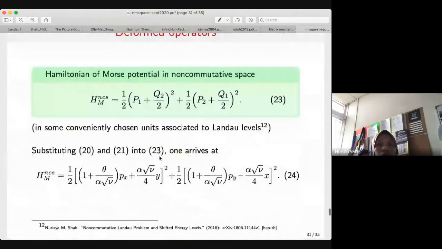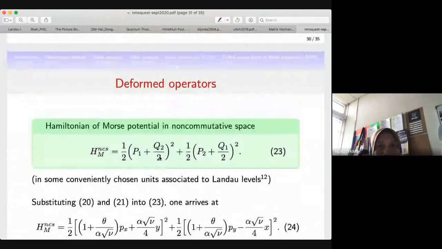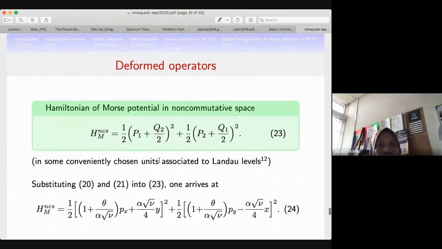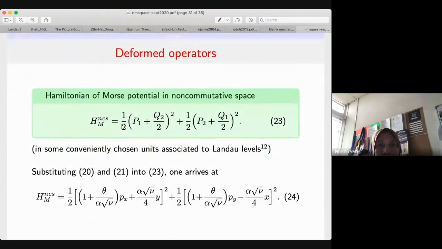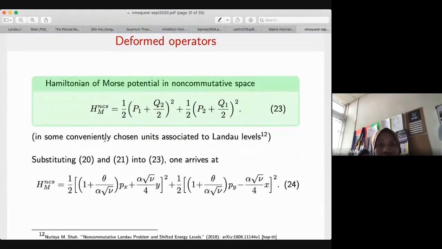So for the deformed operators, since this is analogous to your ordinary destruction and creation operators, we have the Hamiltonian in two dimensions, in some conveniently chosen units associated with your Landau levels, so we don't have the additional physical constants.